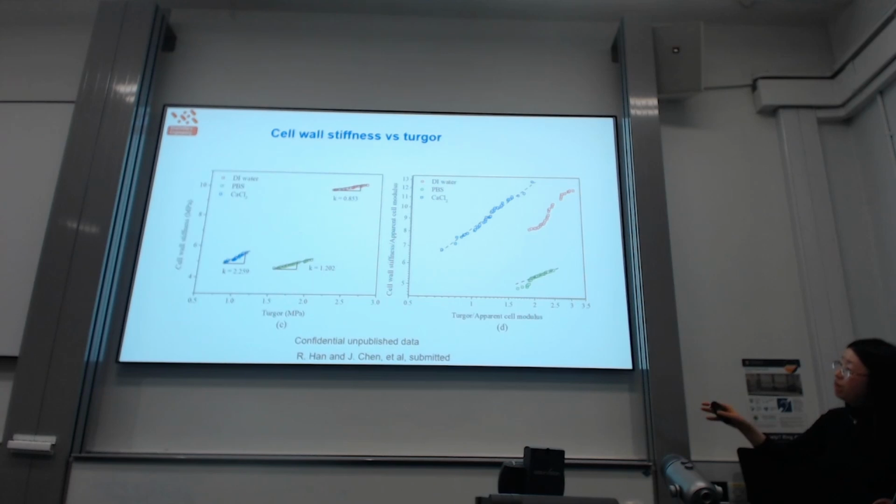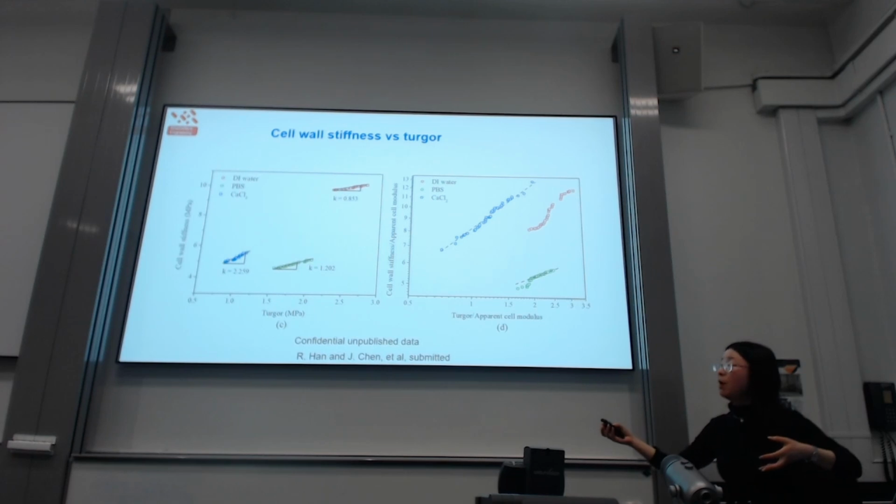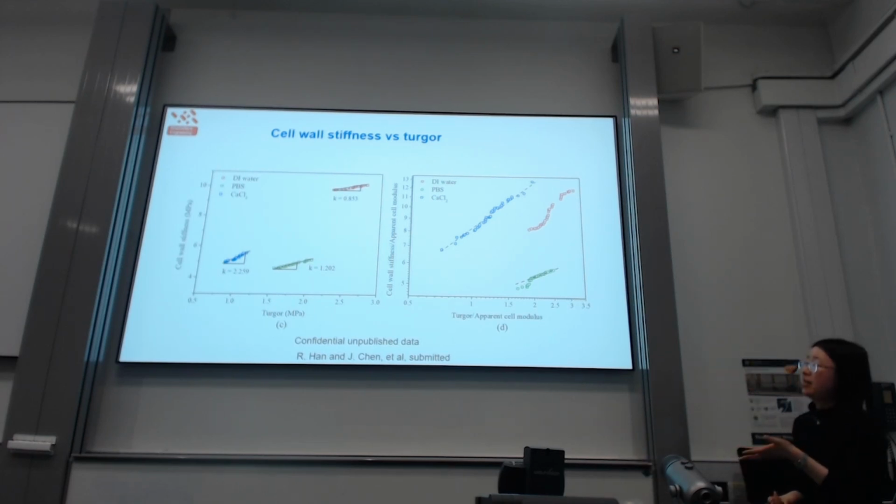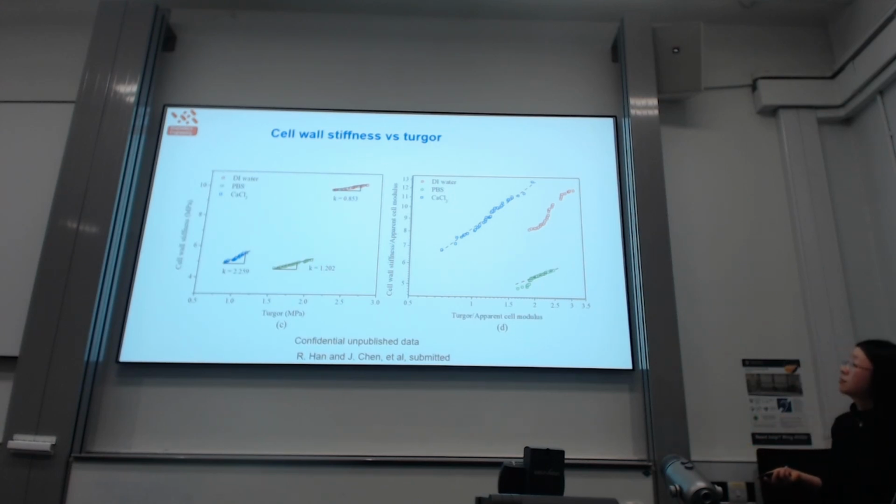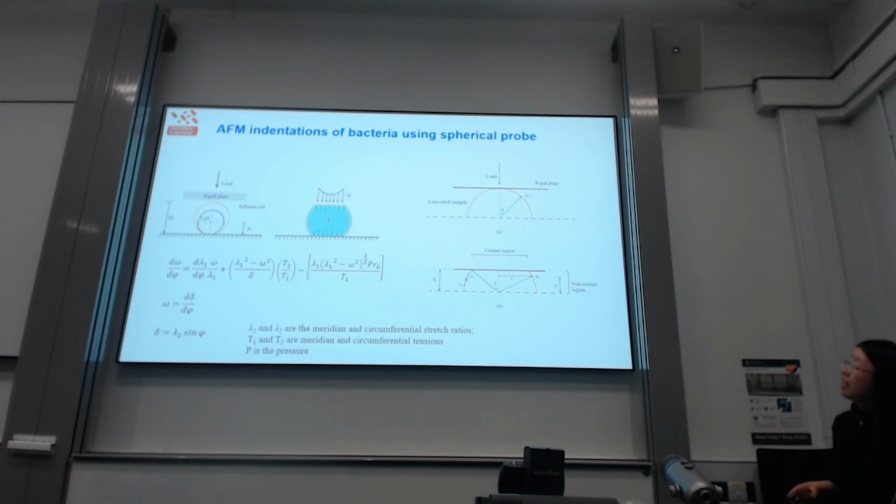For a given type of bacteria at given chemical conditions, when we consider the bacteria as a population, the cell wall stiffness of the individual bacteria is also correlated with the turgor. Then when we do the indentation of the bacteria, we can also use a spherical indenter.